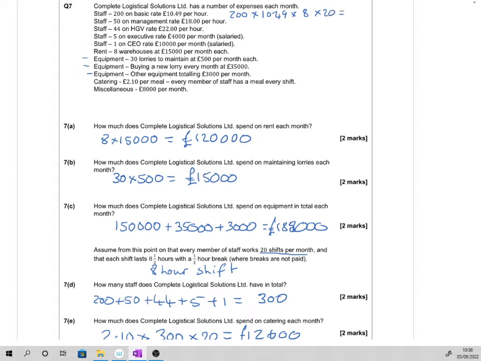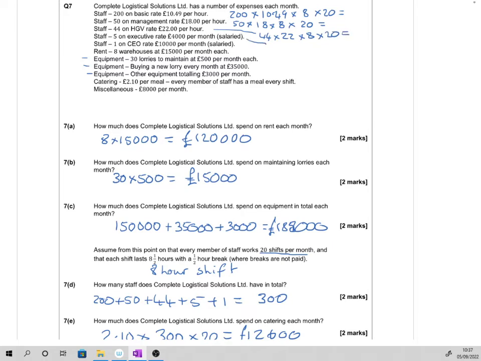This one, we've got 50 times £18 times 8 hours times 20 shifts. This one, 44 times £22 times 8 hours times 20 shifts.